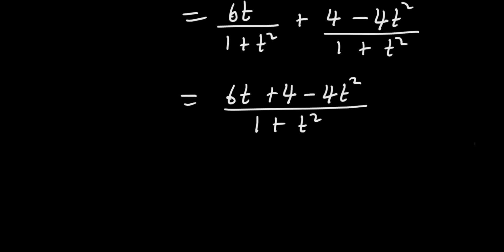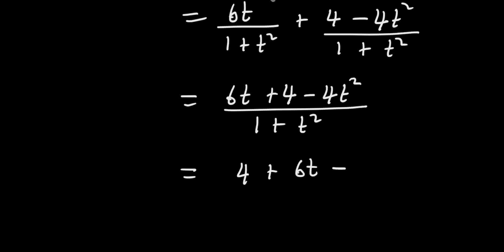We can rearrange the numerator, and this will become 4 plus 6t minus 4t squared over 1 plus t squared.